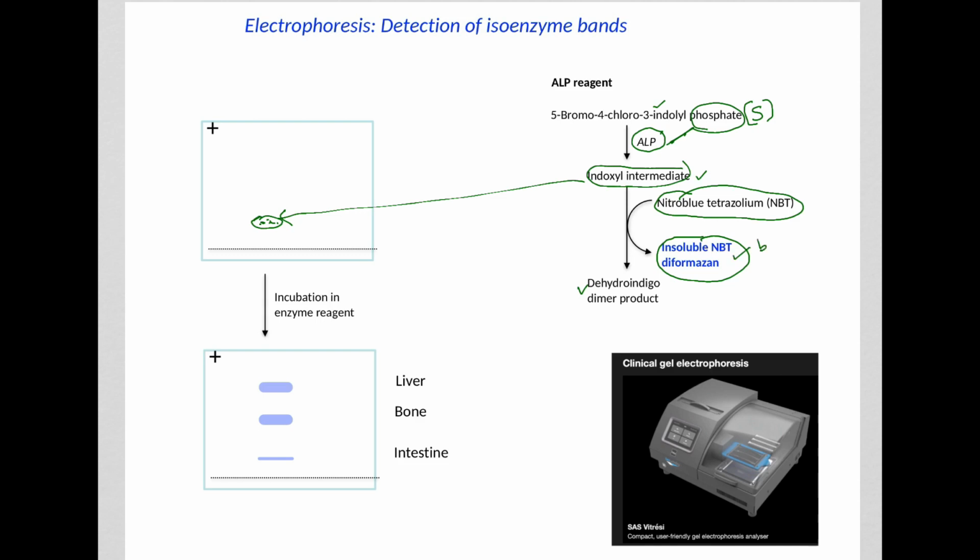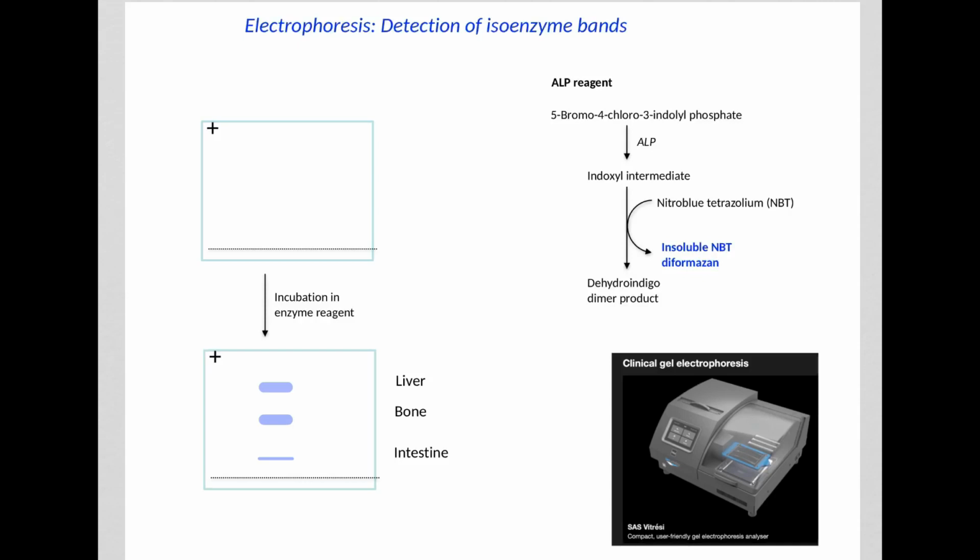This insoluble NBT diformazan product is blue in color, and because it's insoluble, it precipitates in the gel. And what we see is a blue band. Wherever the alkaline phosphatase is present, the reaction is being catalyzed, and you see blue bands. So in this case, we see a very light intestinal band, a reasonably strong band from the bone, and a band from the liver, if we had all three isoenzymes present.